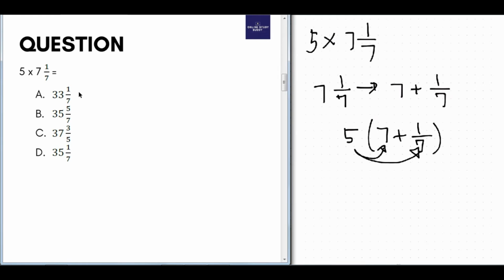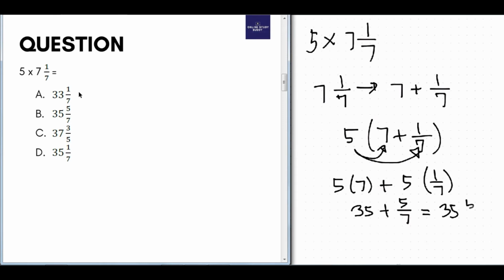So, we can distribute yung 5 to 7 and 1 over 7. So, we will have 5 times 7 plus 5 times 1 over 7, which will result to 35 plus 5 over 7, or 35 and 5 over 7, which is letter B.